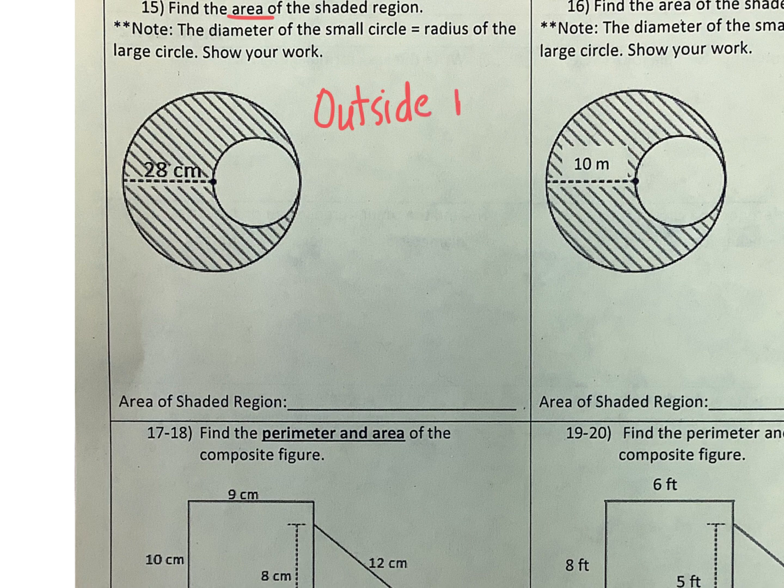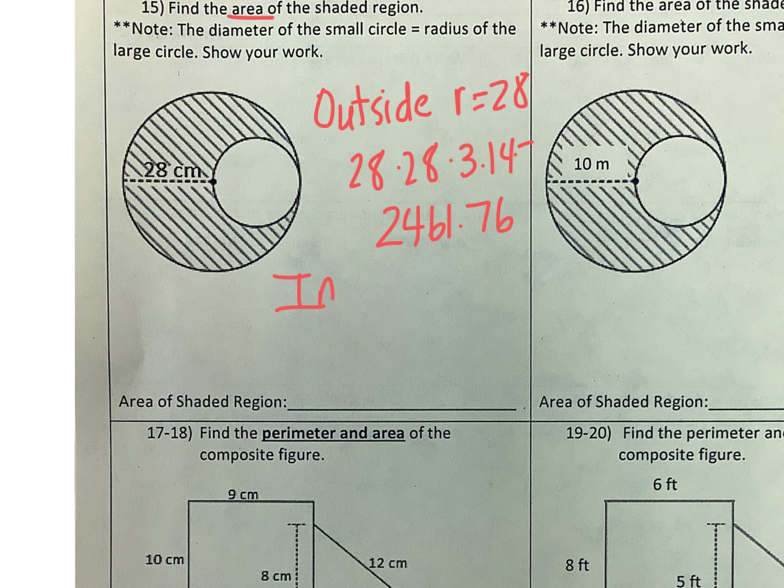Its radius is 28, so to find the area, we would say 28 times 28 times pi, and you get 2,461.76. Now I want to subtract the inside circle, and the radius of the inside circle is just going to be half of that. It's going to be 14 centimeters.